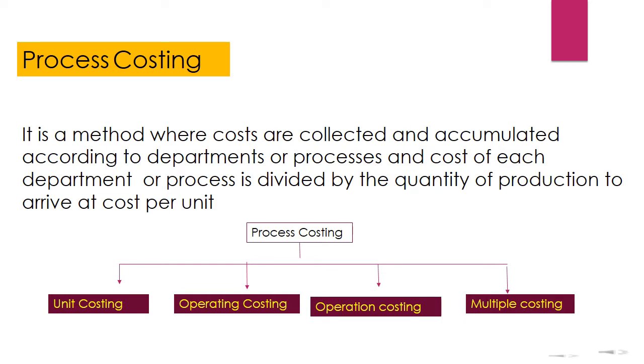Unit costing is applied where production is uniform and consists of only a single product or two or three types of similar products with variations only in size, shape, quality, etc. It's a simple method of costing in which total cost is divided by the number of units produced to determine the cost per unit. This method is applied in industries like mines, quarries, oil drilling, etc.